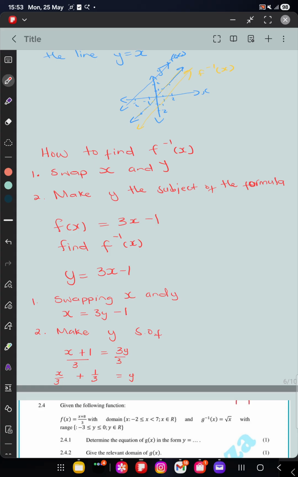Then I can now write it in terms of f inverse. I'm going to say, therefore, f inverse of x equals x over 3, or 1 over 3 x, the same thing, plus 1 over 3.